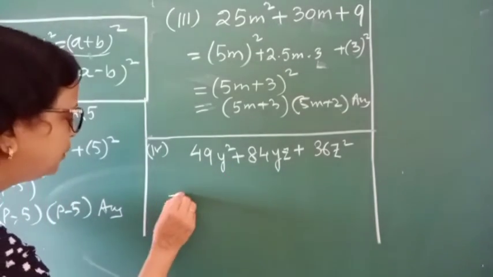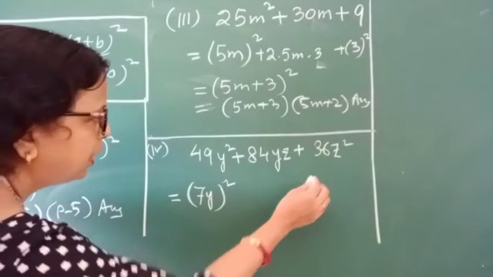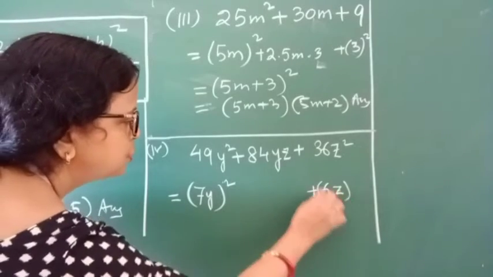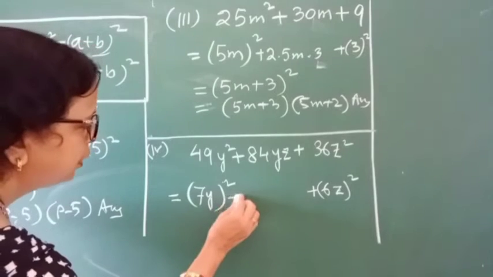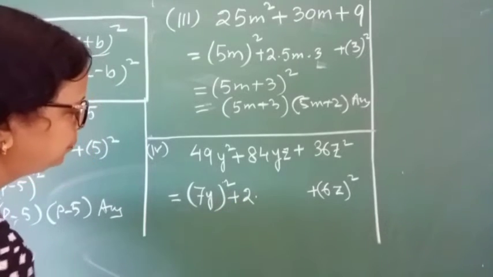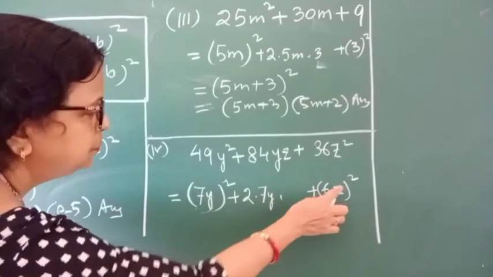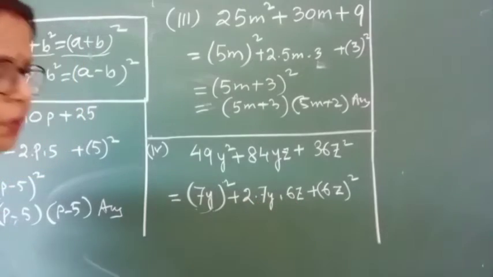Let's check. 49 means 7y whole square and 36z means 6z whole square. 6 is 36 z into z whole z square plus 2. A is our 7y, so 7y. B is 6z, so into 6z. 2 into a into b.